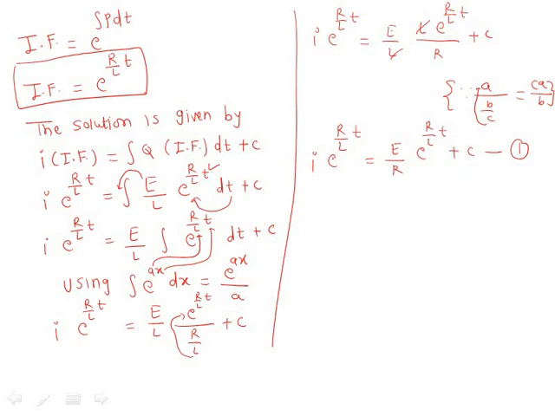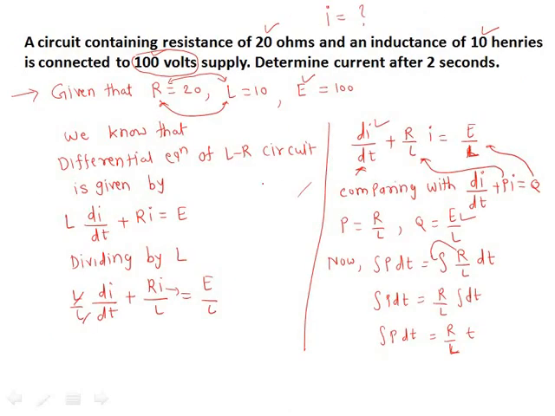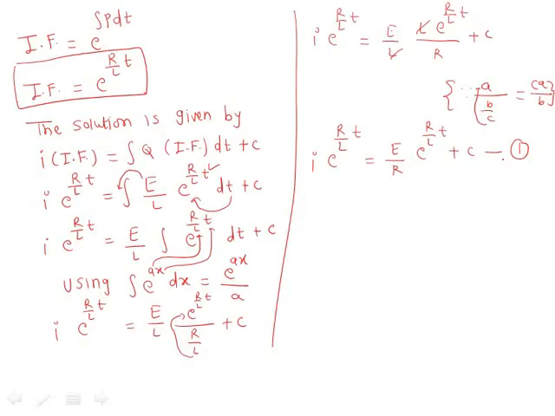So now we have just solved this differential equation up to equation 1. Now the next step is to find the value of this constant of integration c, and for that we always have to use the initial conditions. Keep in mind, initial conditions are always I equal to 0 and t equal to 0 for an electric circuit.